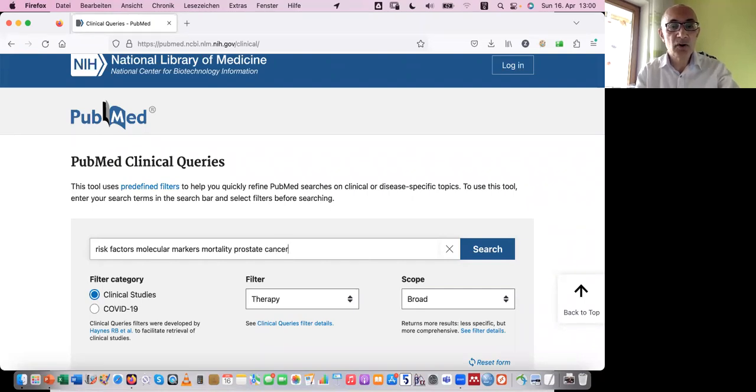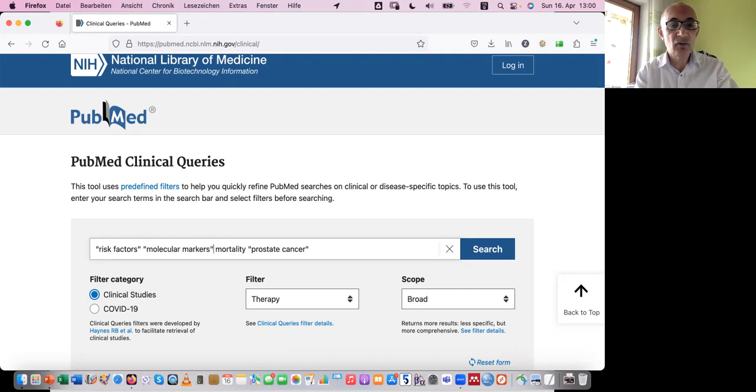So if you watched the PubMed search presentation, you should know that we have different search options, like using the code. I want to search prostate cancer, not the individual words.